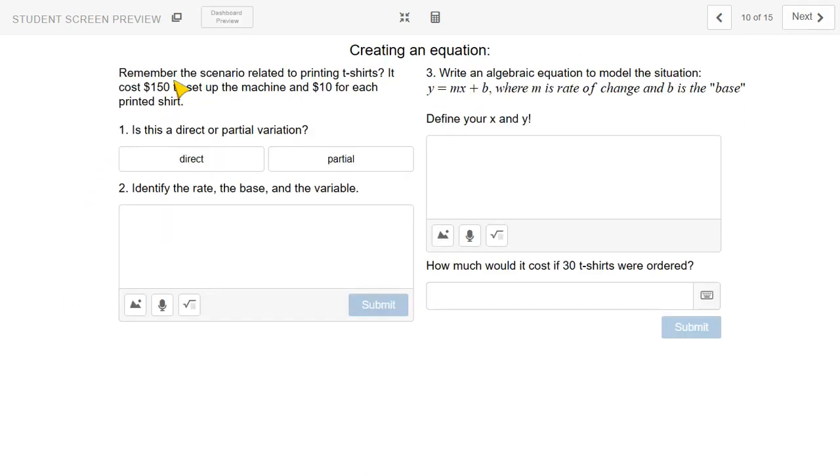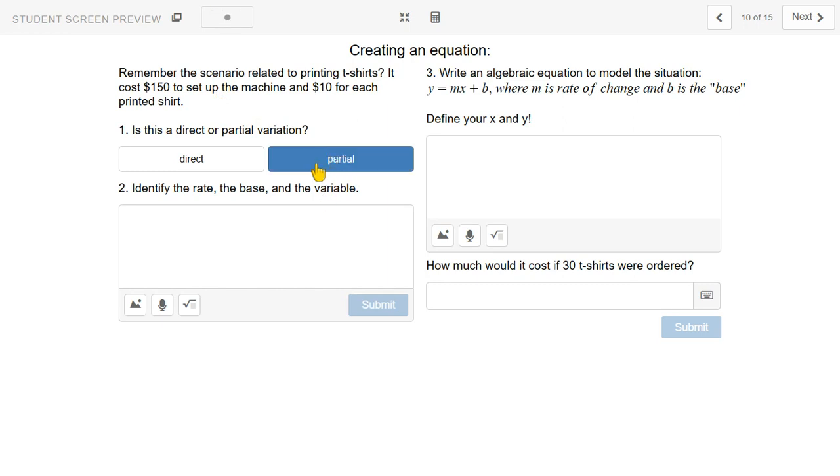Creating an equation. Now, remember when we talked about the scenario where we printed t-shirts? It costs $150 to set up the machine and $10 for each printed shirt. Is this a direct or partial variation? Well, there's two things going on here. We've got the rate, we've got a base fee, so we know that it won't go through 0, 0.